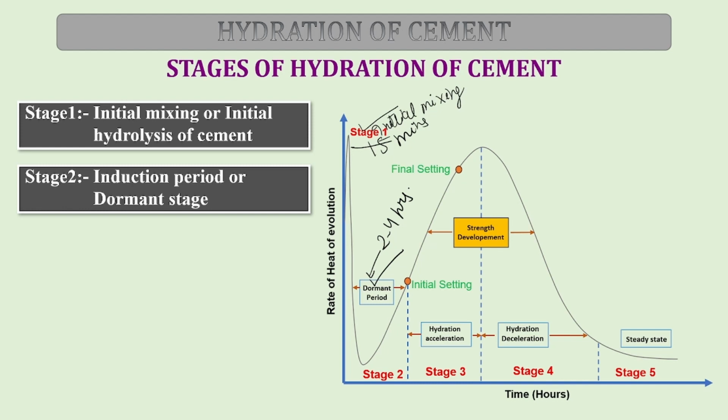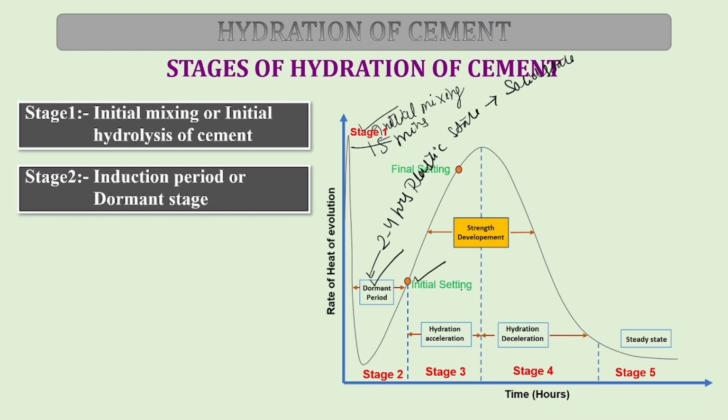Here, the concrete remains in, you can say, plastic state for several hours and then starts moving to the solid state. Now, this stage ends with the initial setting of the concrete.